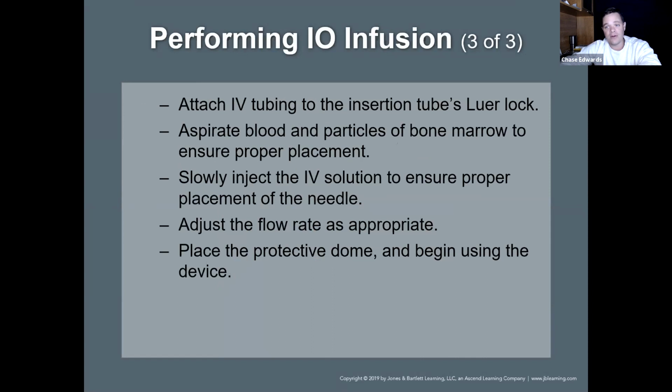Make sure you follow the directions when you're performing the IO. Make sure you aspirate. By aspirate, I mean you're pulling some fluids out, and you'll see little bone fragments and everything else. So you aspirate, you unscrew, you put a fresh flush on, and then you push.